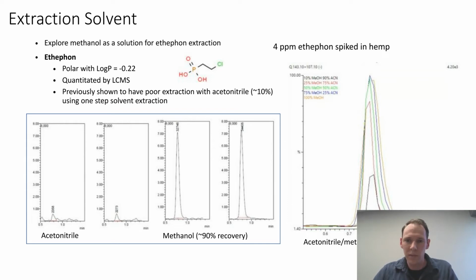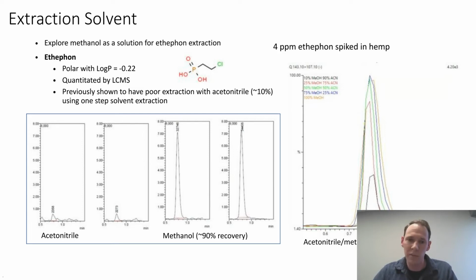So one of the first things that I wanted to explore with this method was the extraction solvent. I had some prior experience working with one of the pesticides in the AOAC list, which is ethephon. Ethephon is not extracted very well using acetonitrile, so I wanted to try to use methanol. Methanol is commonly used in the lab, particularly for cannabis and extracting cannabinoids.